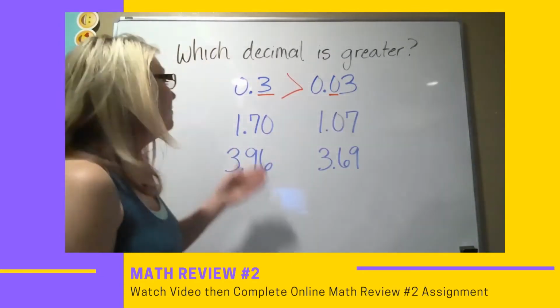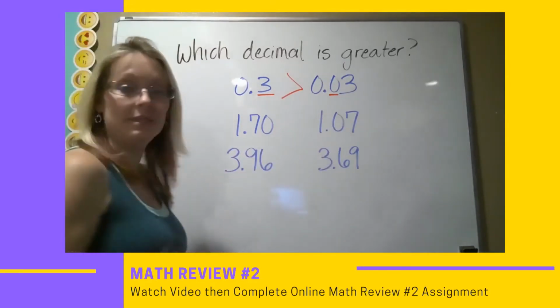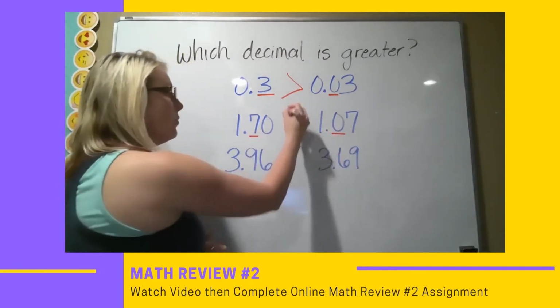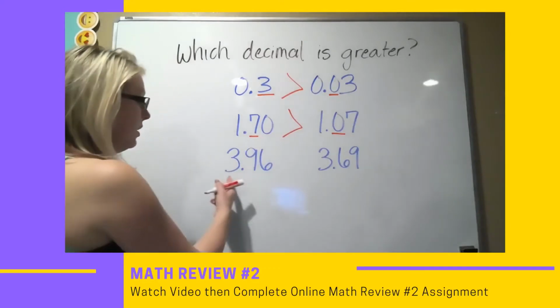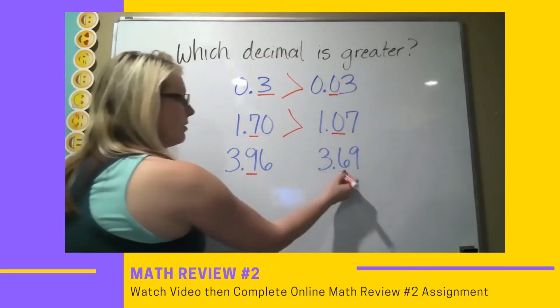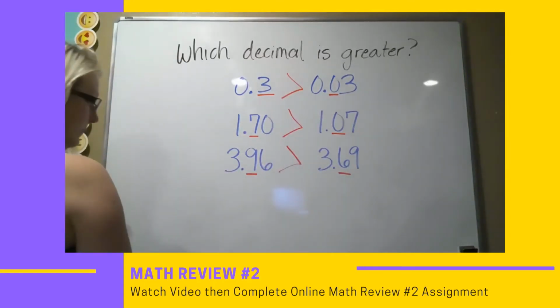Then we have this one, 1.70 or 1.07, same thing. Look here, which one is greater, right? Then we have here, 3.96 or 3.69, which one is greater? This one. Let me give you a couple more.